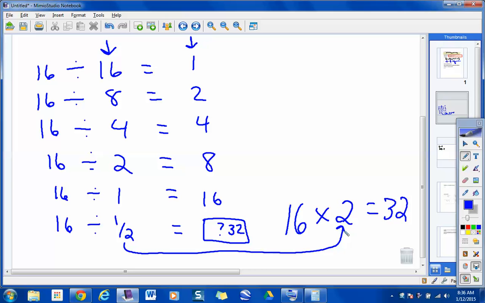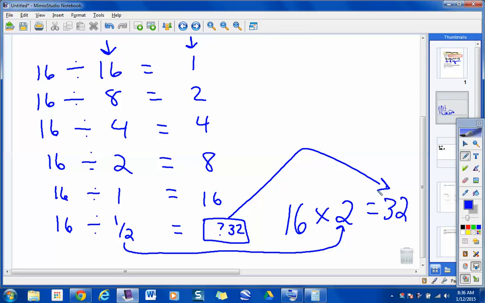Do you guys agree that right here, when we want 16 divided by 1/2, it's really the same as 16 times 2 because each result got you what value here? 32, okay? So it looks like to me dividing by fractions is the same as, let's see, we turn division into what here? Multiplication of the, how are these two related again?